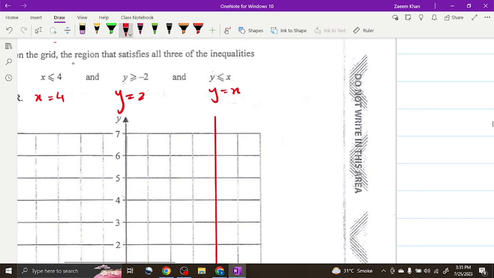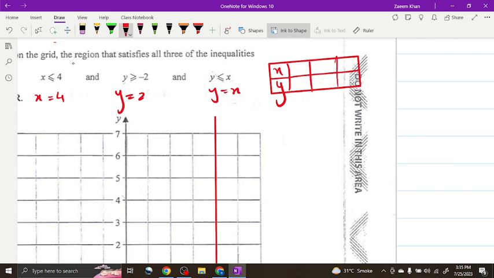I don't think that's a complete description of it. Whenever you are unsure about any equation, what you can do is quickly make a table. Just choose some values of x and you'll get some values of y. Choose 2 or 3 values of x. 1, 2, and 3.